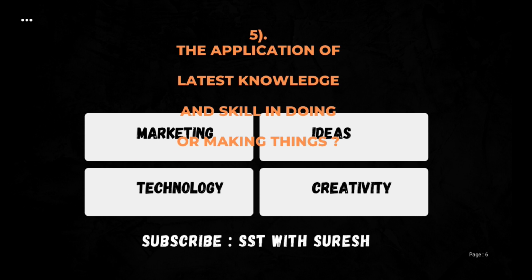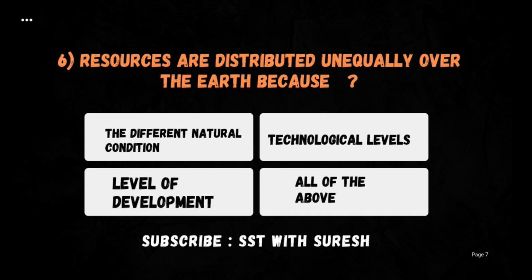Okay, next question, question number 6. Question number 6 asks: resources are distributed unequally over the earth because of what? What is the reason behind the unequal distribution of resources throughout the earth? The options are: option A, the different natural conditions; option B, level of development; option C, technological levels; and option D, all of the above.